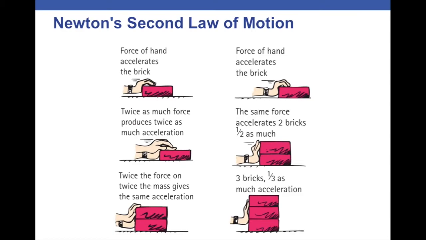You're going to have to push and push and push. But if there's no friction, it's going to start rolling. And it's going to keep rolling once you get it moving. So eventually, if you keep working at it, you're going to be able to be running alongside this thing, pushing it along on the track. So the only limit is the amount of time that you have to push on it. So moving down to the next part, it says 3 bricks is a third as much acceleration.